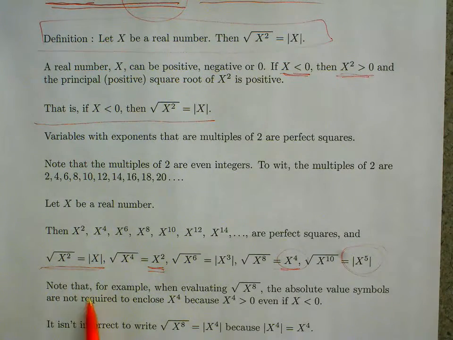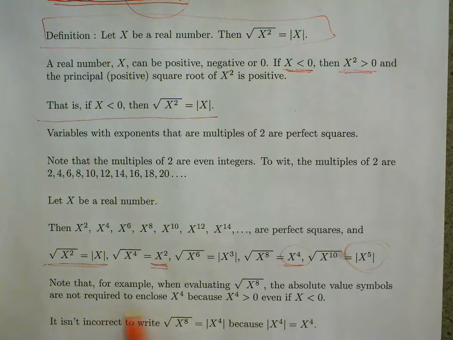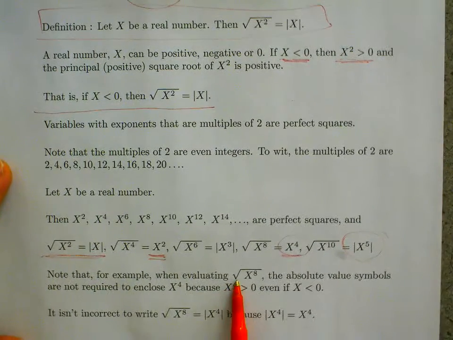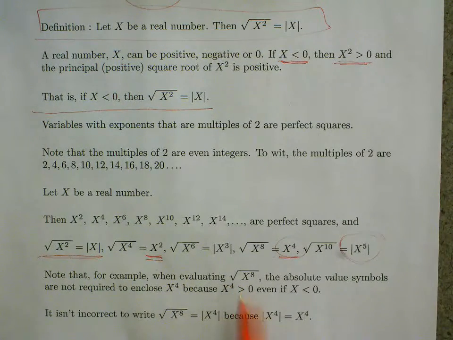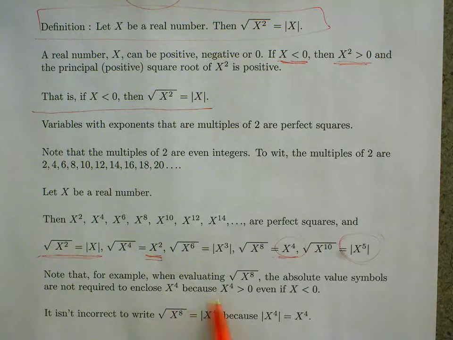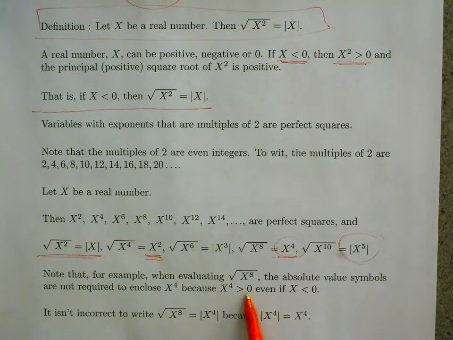Okay, note that, for example, when evaluating the principal square root of x to the 8th, as I've already mentioned, the absolute value symbols are not required to enclose x to the 4th because x to the 4th is already positive even if x itself is negative.